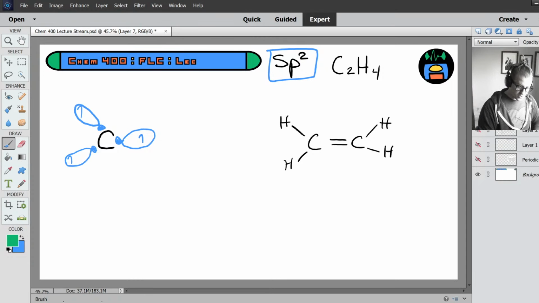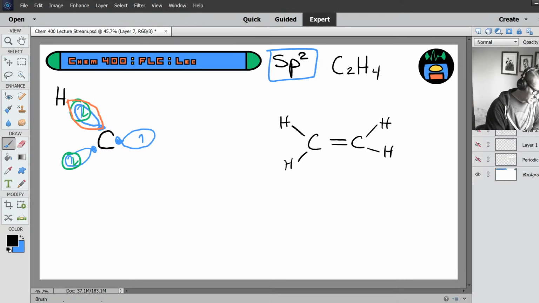So hydrogen is going to roll in with its 1s orbital and overlap with the sp2 hybrid to create a hydrogen-carbon sigma bond. It's going to do this twice because there are 2 carbon-hydrogen sigmas on this carbon.